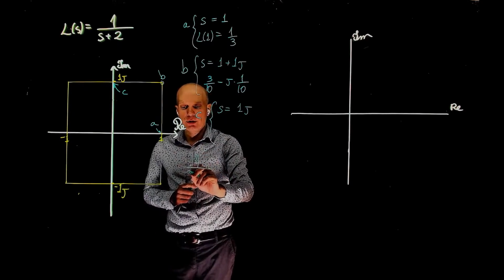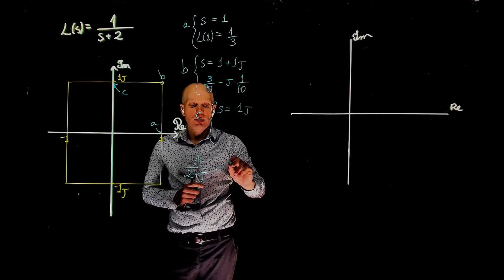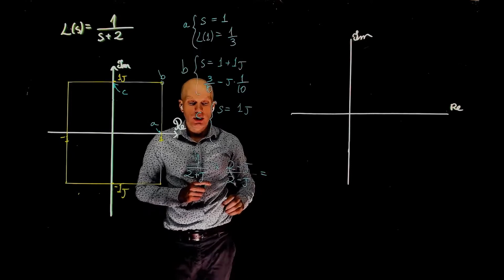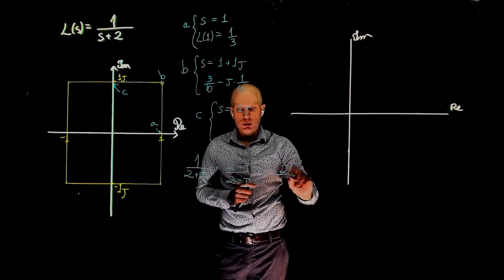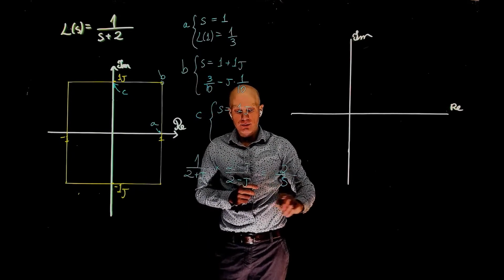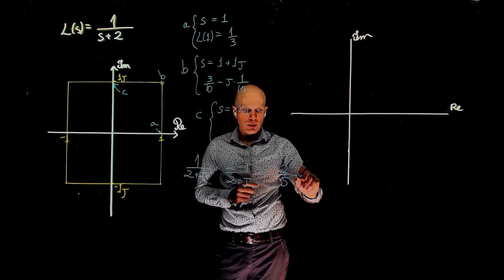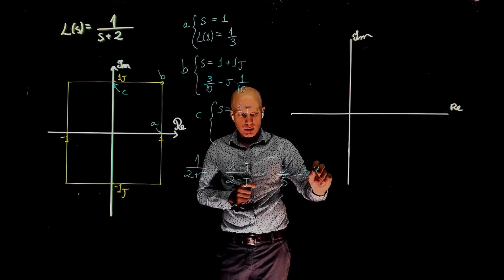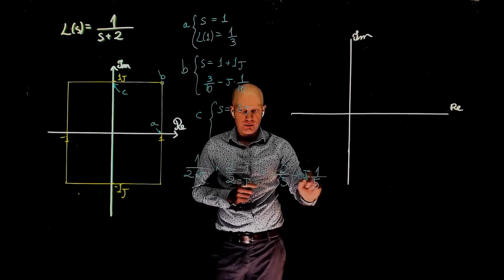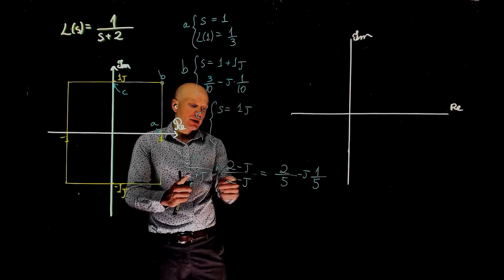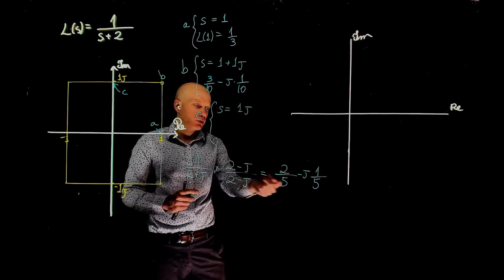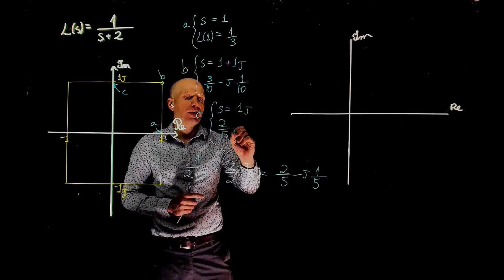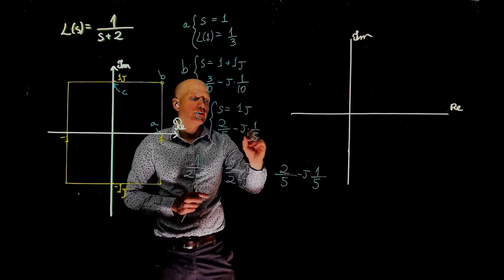We have 1 over 2 plus j, multiplied by its conjugate 2 minus j, will give 2 over 5 minus j times 1 over 5. 2 squared minus j squared, 4 plus 1, 5. So this gives 2 over 5 minus j times 1 over 5.